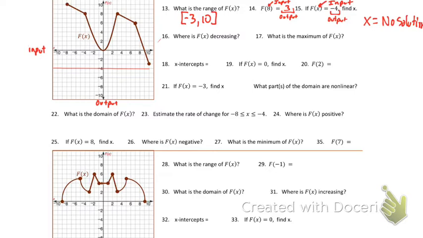All right, 16. So let me erase this really quick. Okay, so we're going to do the decreasing, which means we want to know when my graph from left to right is going down. As I mentioned before, we're going to section this off using vertical lines. So I'm going to section the starting point. Section every time I change direction. So we're going down and we're still going down.